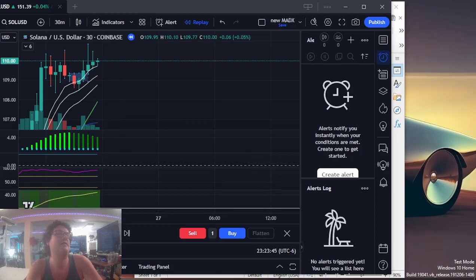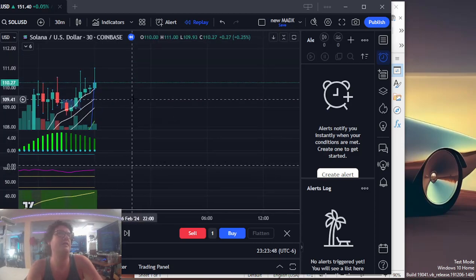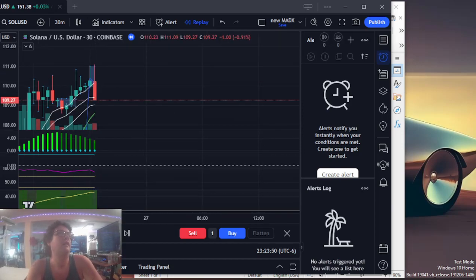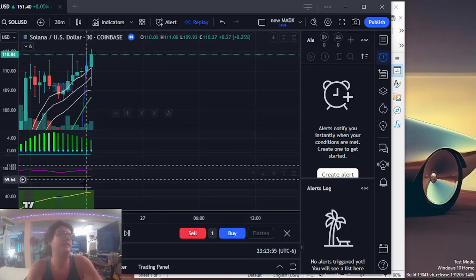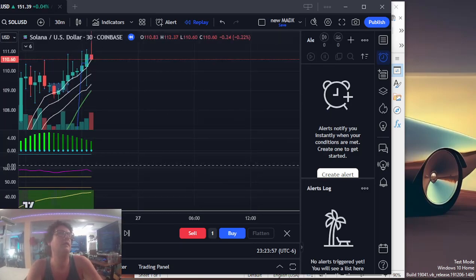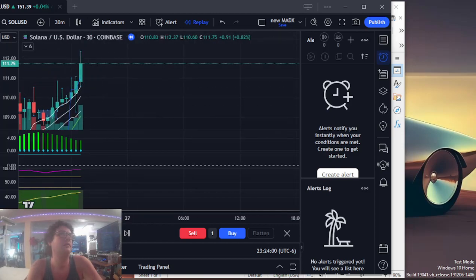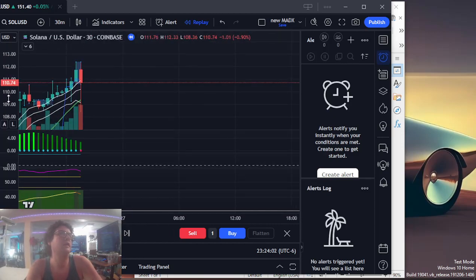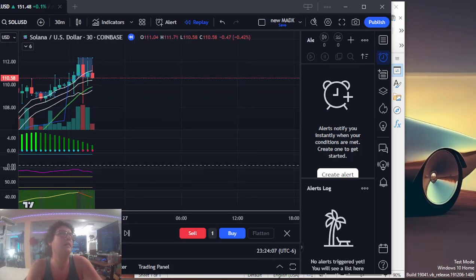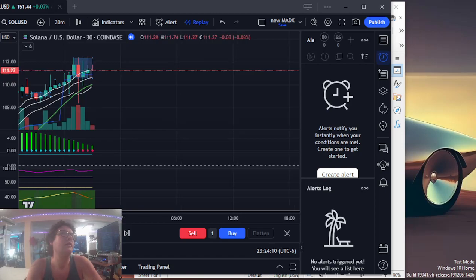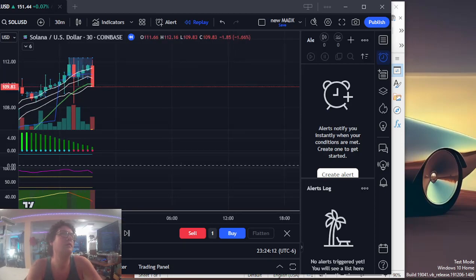I would say this is looking like a bearish divergence. Maybe not though. 1, 2. Oh. Yep, that's a bearish divergence.